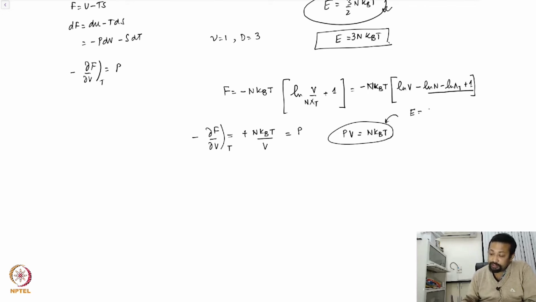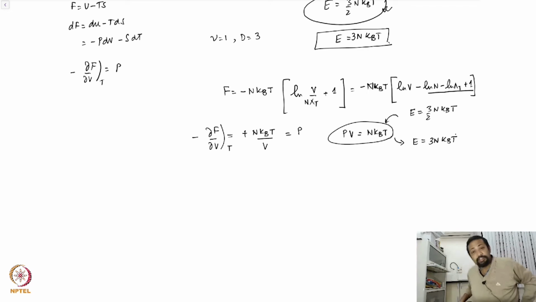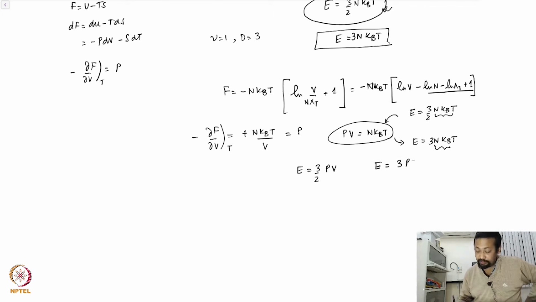For a non-relativistic gas, the energy is 3 by 2 nkBT, whereas for a relativistic gas the energy relation is different. So nkBT is PV. I will replace this with 3 by 2 PV for a non-relativistic gas, and for an ultra-relativistic gas this is equal to 3 PV.